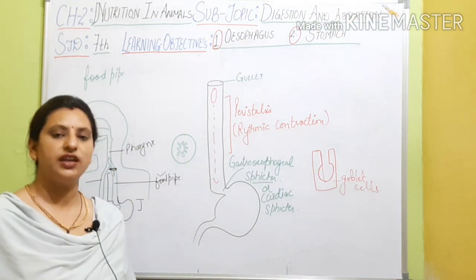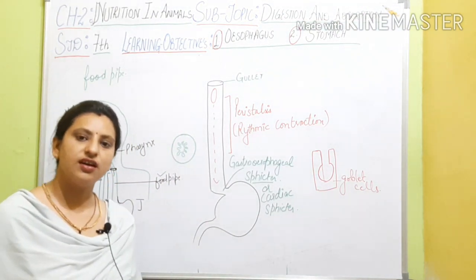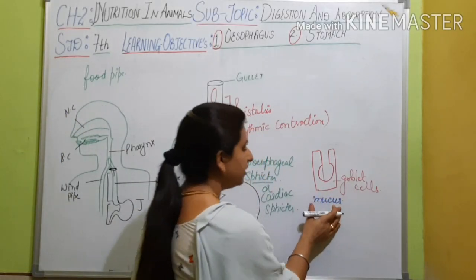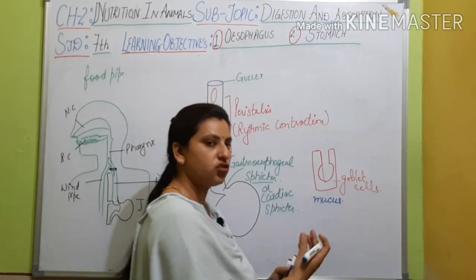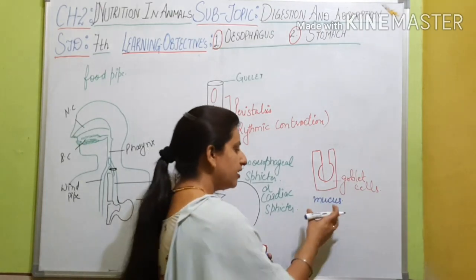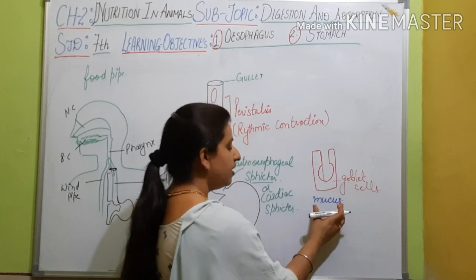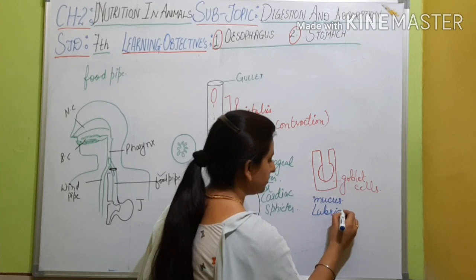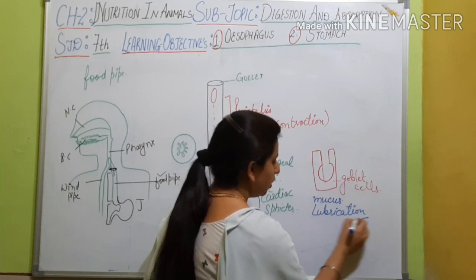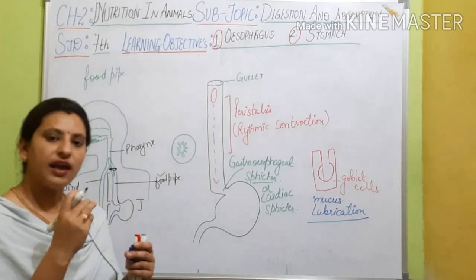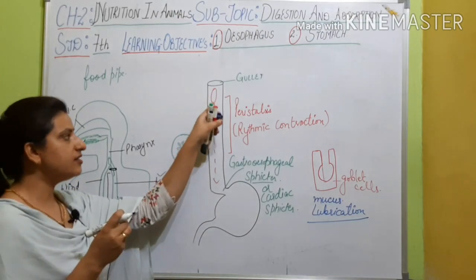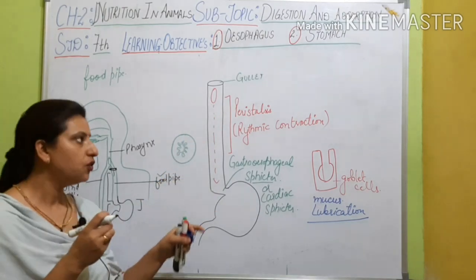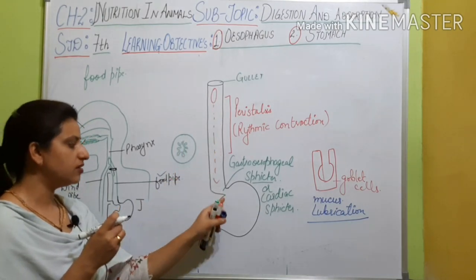Goblet cells help in releasing mucus. And why are these goblet cells releasing mucus? This mucus is not very thick, but still it is a mucus, and this mucus is helping in lubrication. Lubrication means it will help in easy movement of the bolus, or you can say the easy movement of the food, from the oesophagus to the stomach.